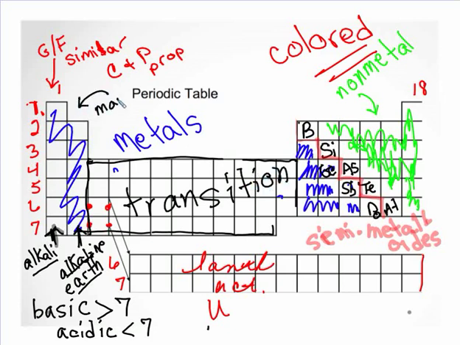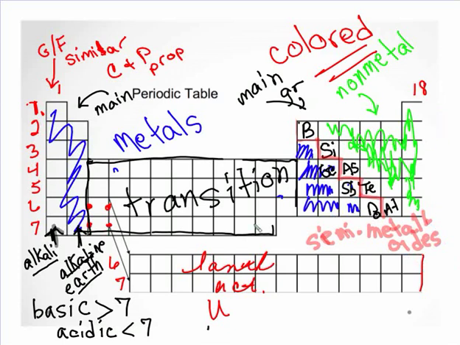These are often called main group, and these are called main group, and these transition from one main group to the other main group. Okay, so you'll want to be coloring those as instructed in the notes. I'm just grabbing colors right now to describe, but you need to follow the instructions given in your notes.